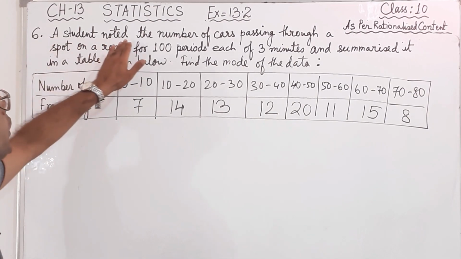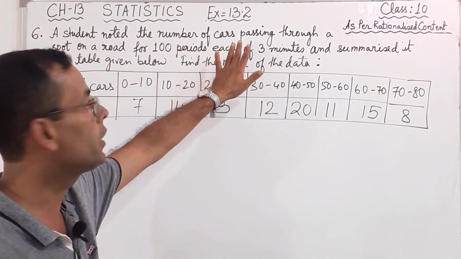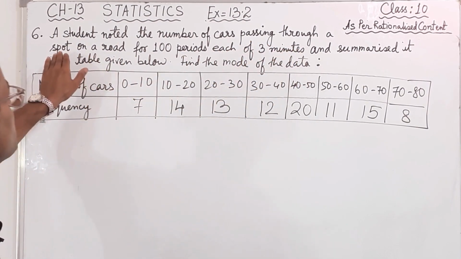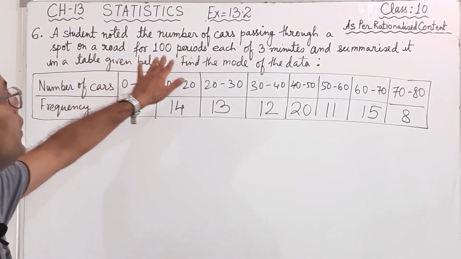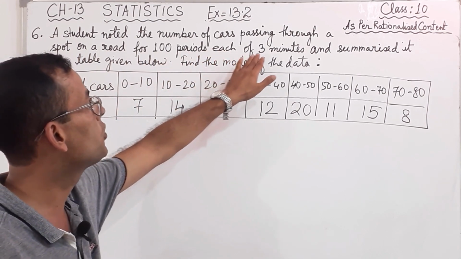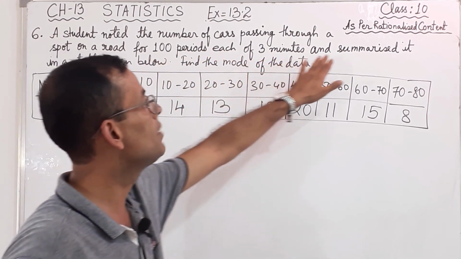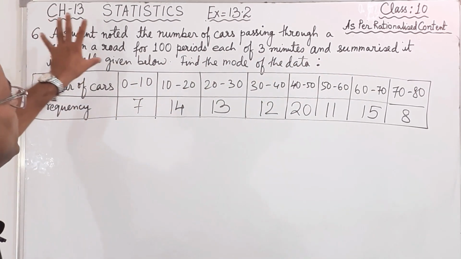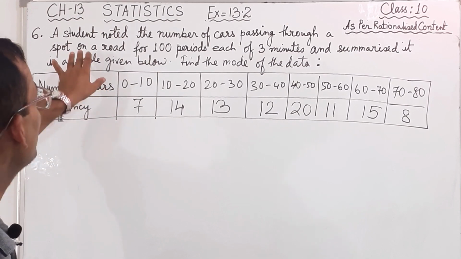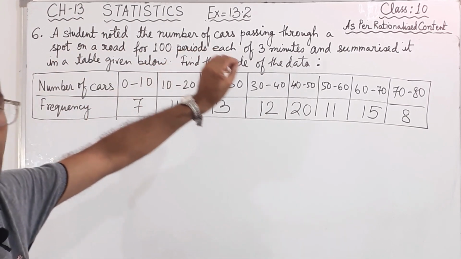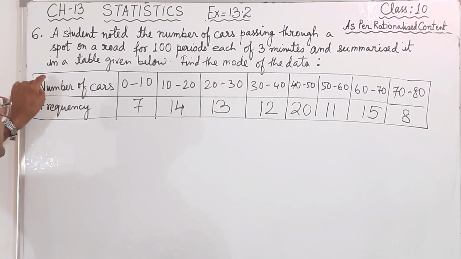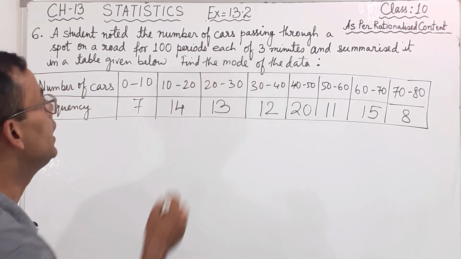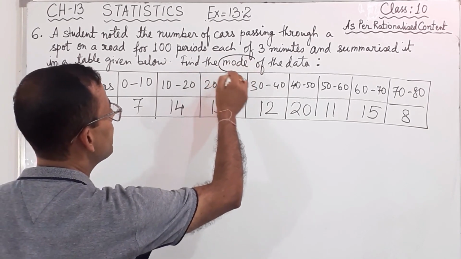A student noted the number of cars passing through a spot on a road for 100 periods each of 3 minutes, and summarized it in a table given below. Find the mode of the data.